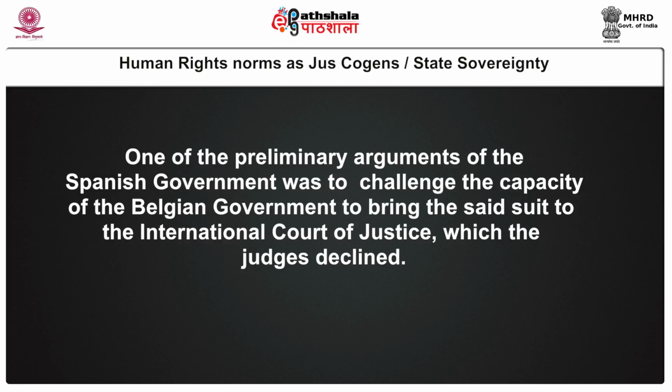One of the preliminary arguments of the Spanish government was to challenge the capacity of the Belgian government to bring the said suit to the International Court of Justice, which the judges declined to.